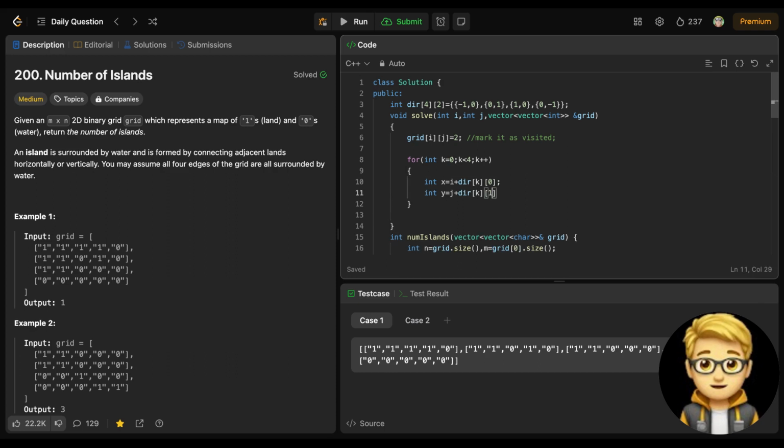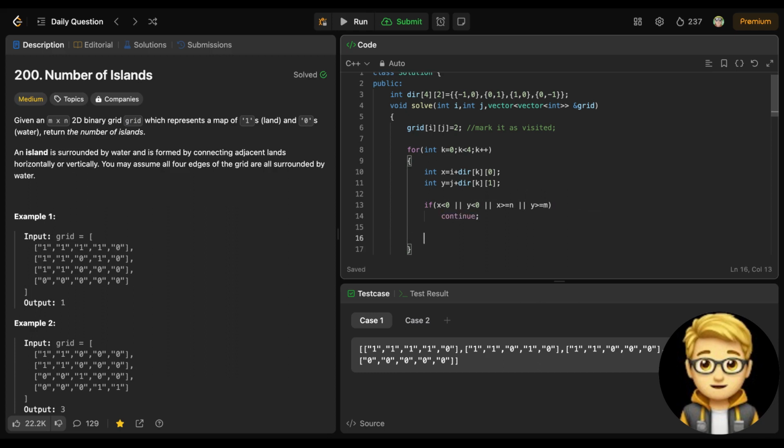Now I need to check a boundary condition, that it does not go out of bounds, or that it is not already visited. So for that I need to check y greater than or equal to m, and so on.